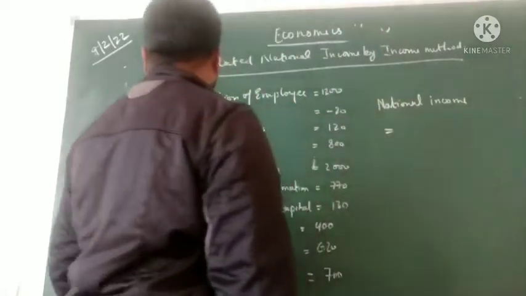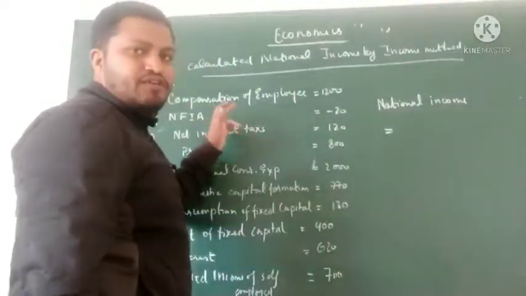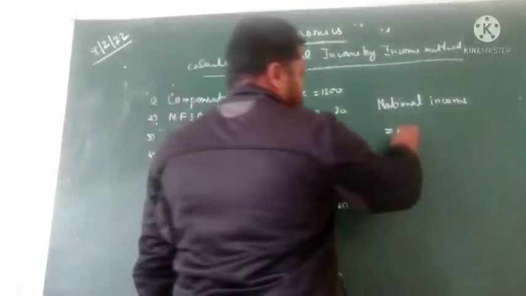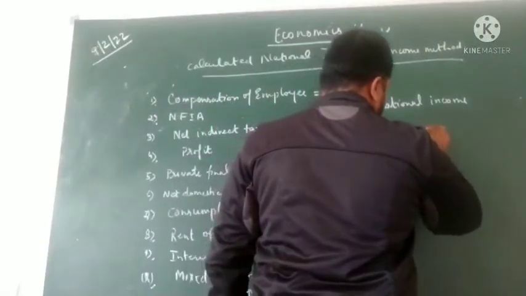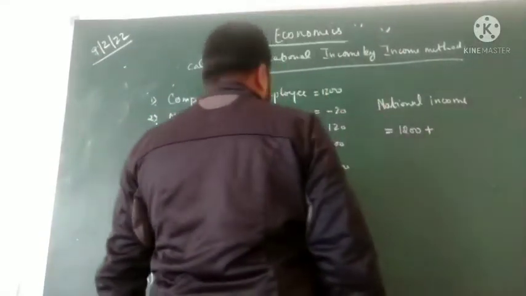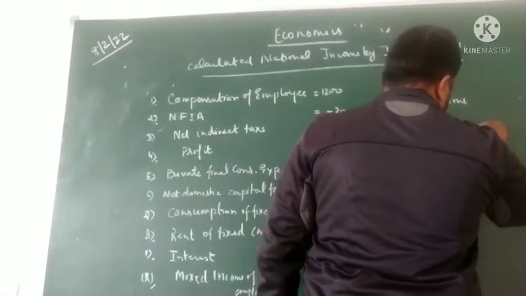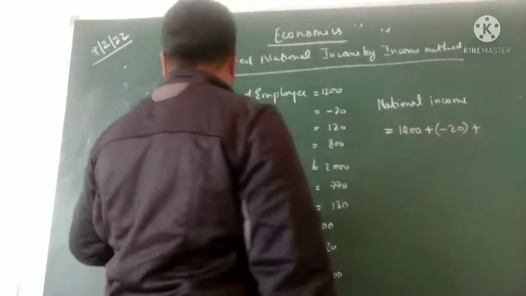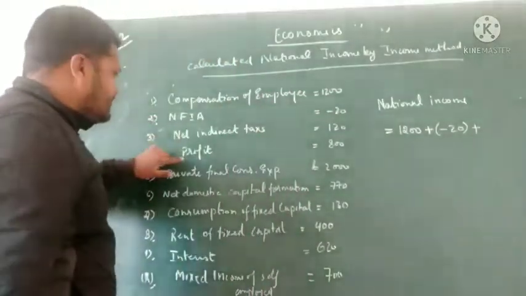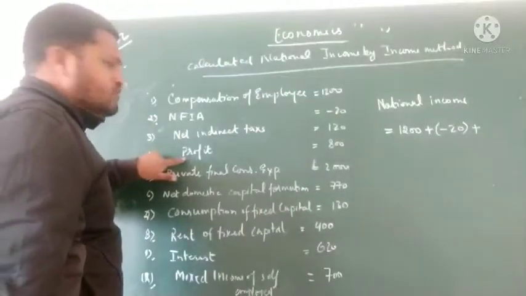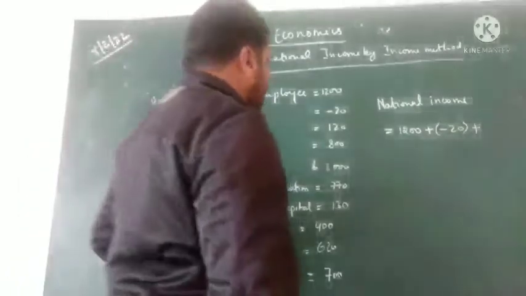First we take the compensation of employees, as it's given in that formula. Then we subtract the net factor income from abroad. Then we can see that under the surplus the profit is also given.